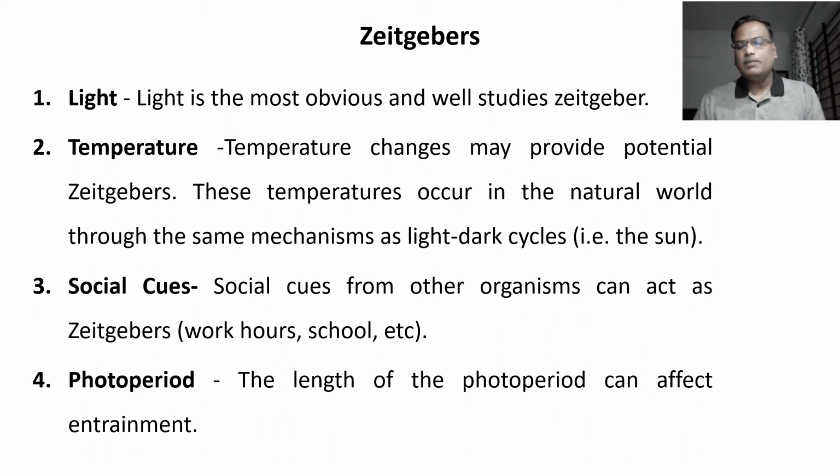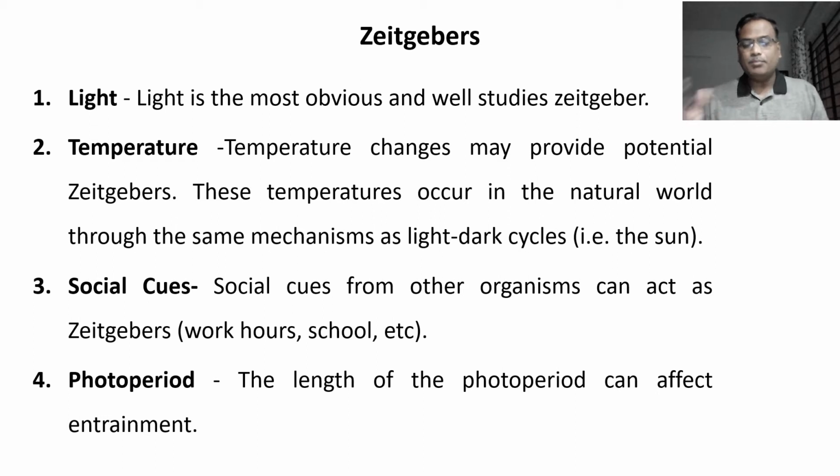During the daytime, normally the temperature is high, and in the night the temperature becomes less. So this change in temperature, which is normally associated with the light and dark cycle, also acts like a gatekeeper in many animals. Say, for example, the animal is kept in a room where it will never understand whether it is daytime or night outside.